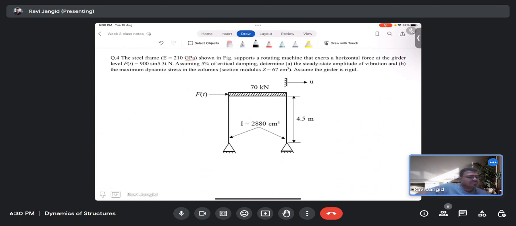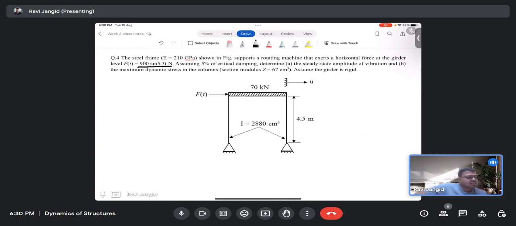The force ft is applied at the top of the frame, which is 900 sine 5.3 t newton. So assuming 5% critical damping, we need to determine the steady state amplitude of the vibration, like steady state response.